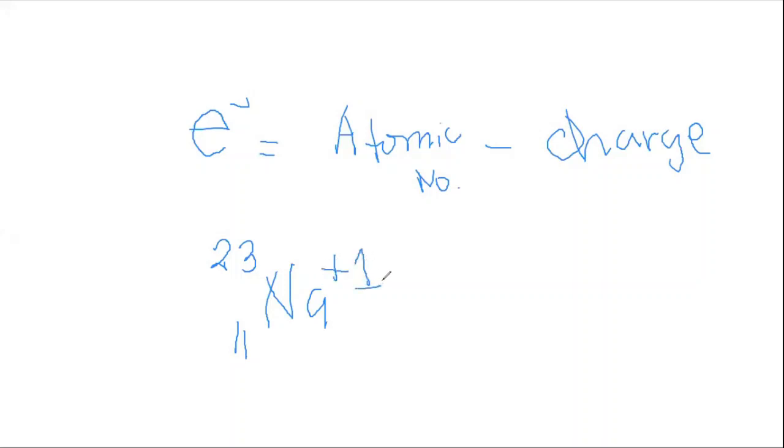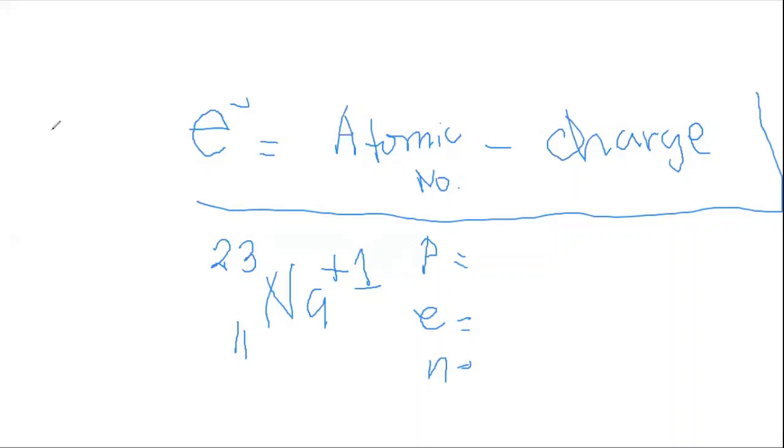Okay. Paano natin kukumputin yung number ng protons, yung electrons, at saka ng neutrons? Okay, so using this formula, ibig sabihin, ang gagalawin lang po natin, ang magkakaroon lang ng pagbabago dyan, ay yung electron.